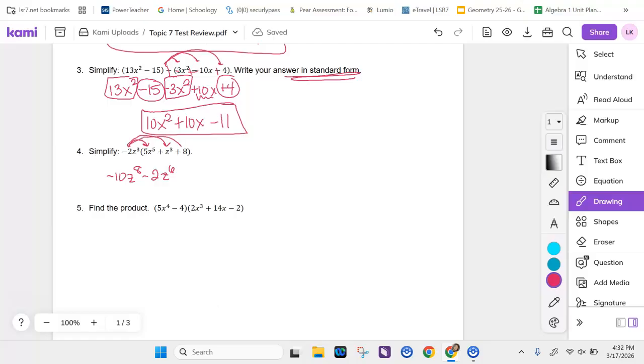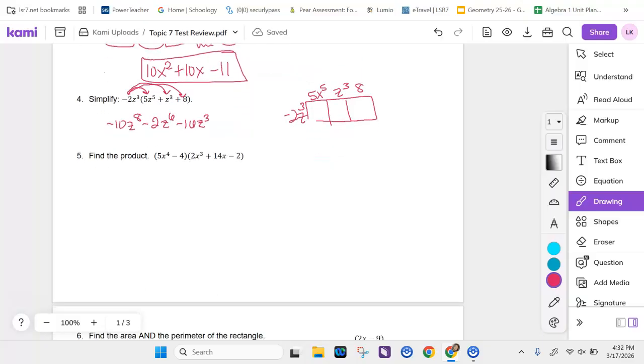Negative 2z to the third times 8 is negative 16z to the third. You can also do the box method if you want, and you would multiply.